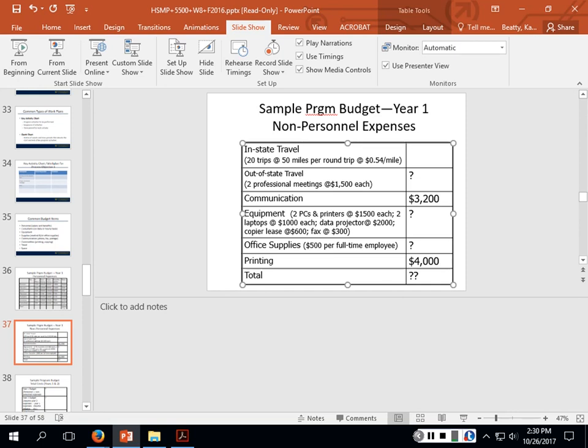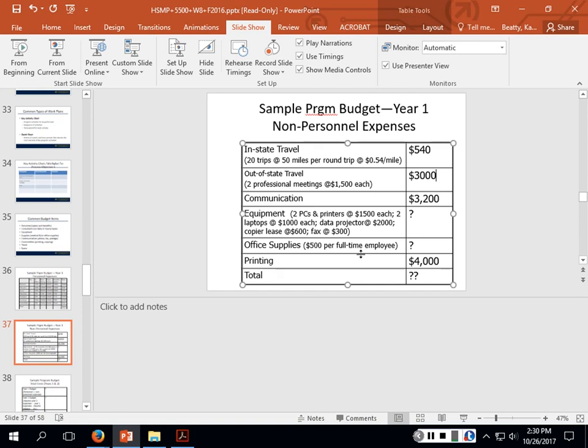Give me the actual numbers that you multiplied. 20 times 50 times 0.54 equals 540. Okay. Yes, next. Thank you. Manul. 3,000. So 3,000 for out of state travel, 2 trips at 1,500 each.